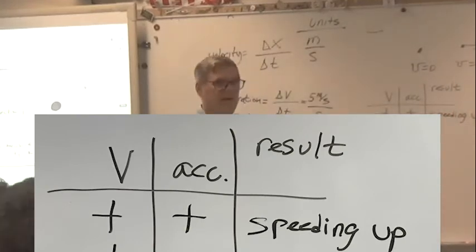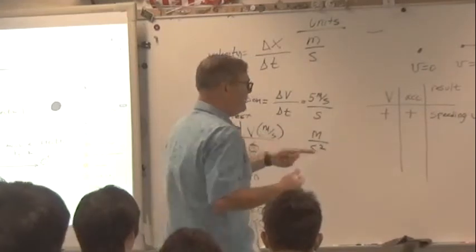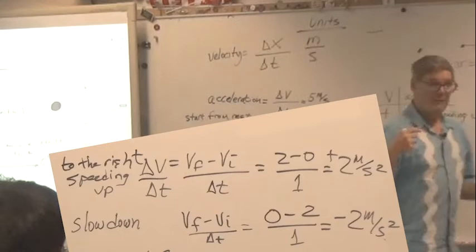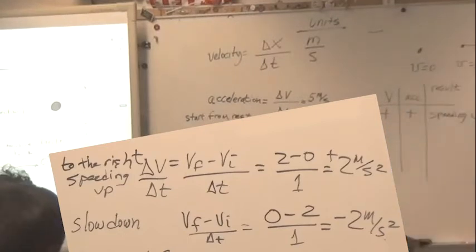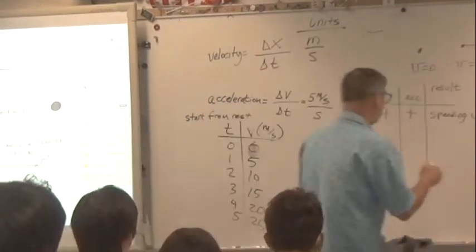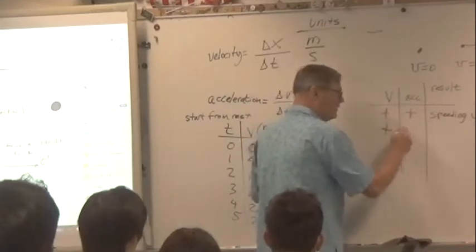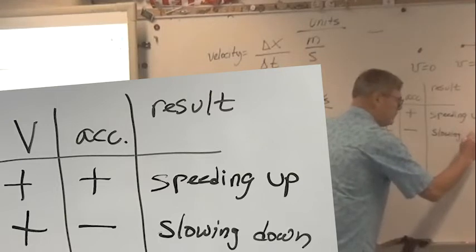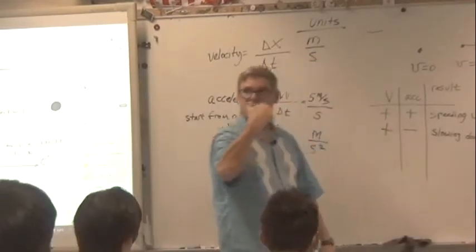Then I slow down, and when I slow down, my acceleration was negative, but even though I'm slowing down, I'm still moving in the positive direction, aren't I? So my velocity is still positive, my acceleration is negative, I'm slowing down. Then I start to go the other way.